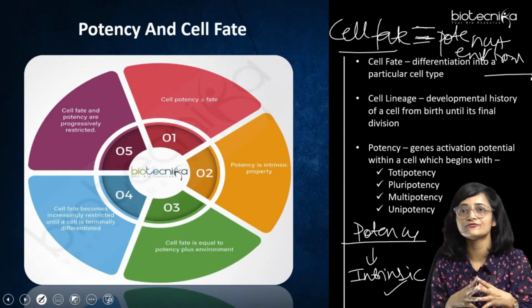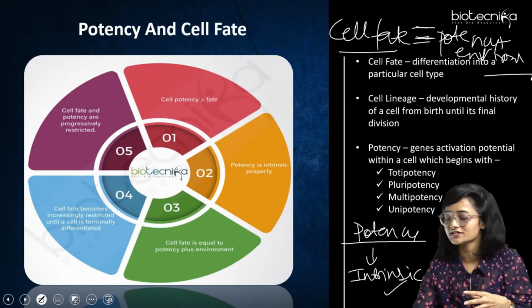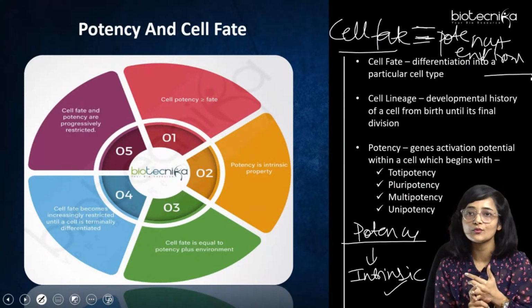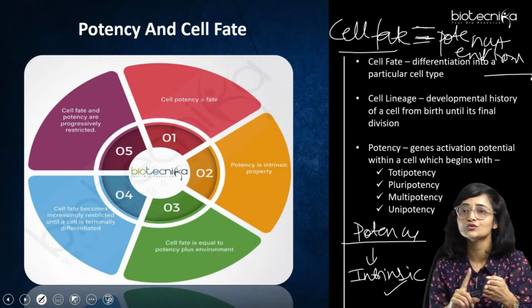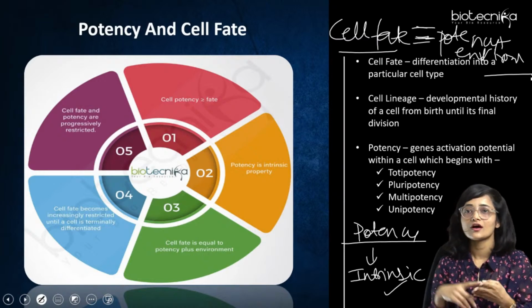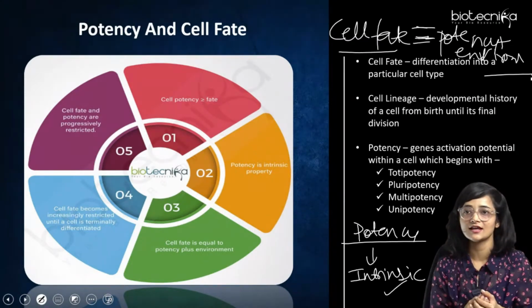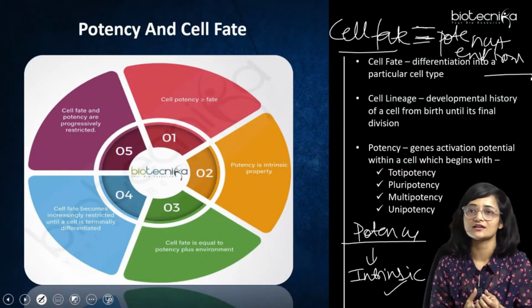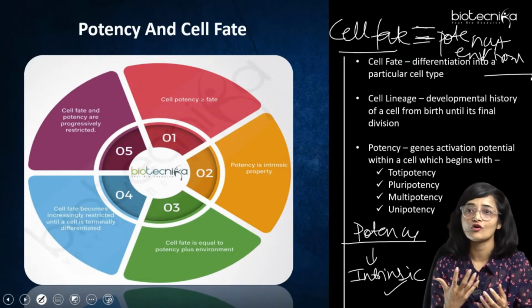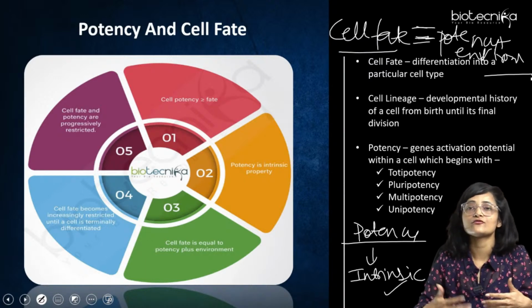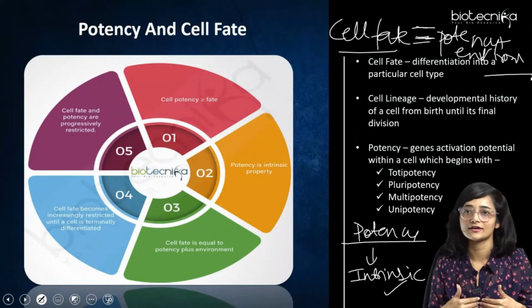So there are basically 4 types of potencies in which it is measured. There could be the totipotent cell, the pluripotent cell, the multipotent cell and unipotent cells. When the cell is present in its zygotic form, like a fertilized cell, it is known as the totipotent cell because it is capable of forming any type of cell or any type of organ, or like it is capable of forming a whole organism actually.